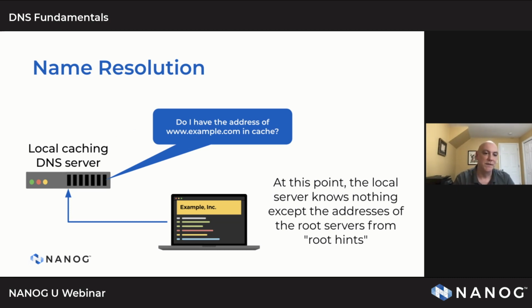These are the IPv4 and IPv6 addresses of the root servers, right? That's really just a priming query, because once that goes out and queries start coming back, this caching server will learn the current addresses of all the root name servers. They don't change often at all, but the first one that goes out we refer to as a priming query. All right. So this box says, do I have this in my cache? The answer is no at this point.